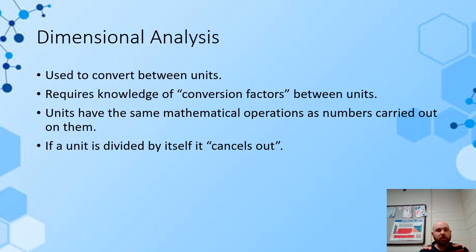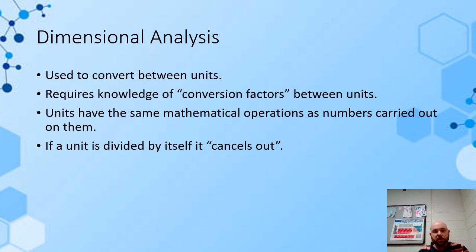Okay, so what is this thing that we call dimensional analysis? Really, it's just a fancy way of saying it's how we convert between different units of different measurements in chemistry. It's a lot like the conversions that we did with the SI units earlier in the class a week or so ago, but now we can mix multiple different types of units in together and convert between the two.